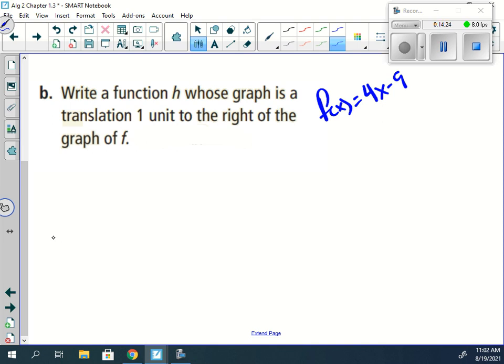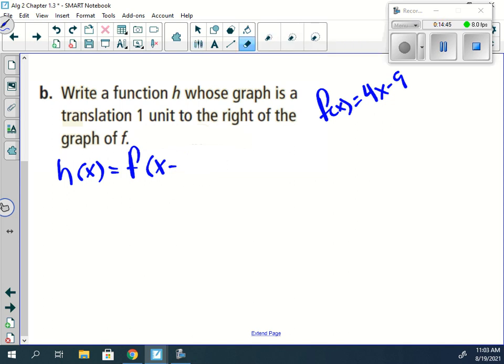Our other one: write a function h whose graph is a translation 1 unit to the right of the graph of f of x. Well, for us here, it's going to be f of x minus h. Oh, I wanted to put k. I did that first hour too.